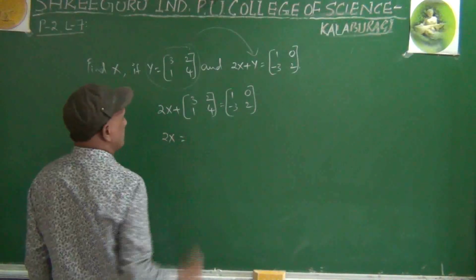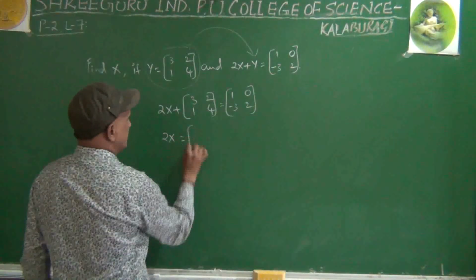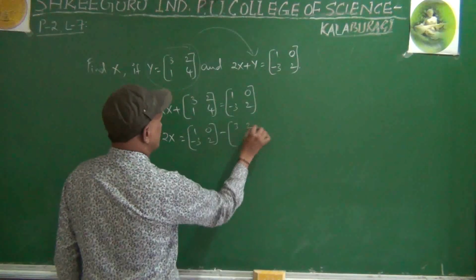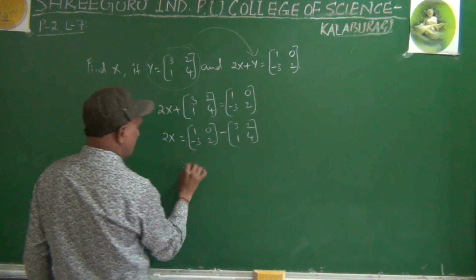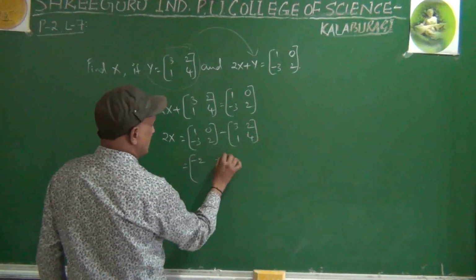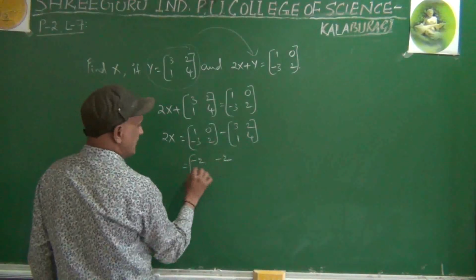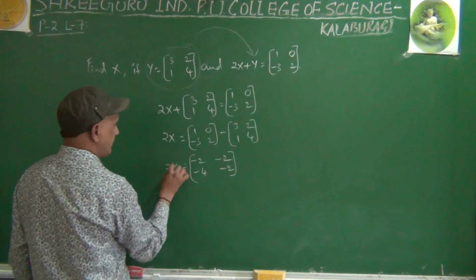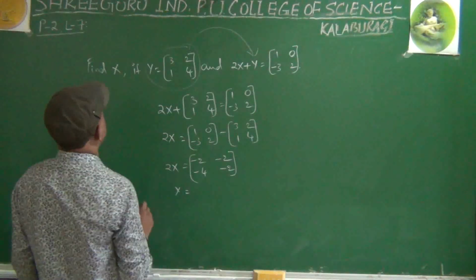Send this to that side: 2x equals 10 minus 32 minus 3214, which is 1 minus 3 minus 2, 0 minus 2 minus 2, minus 3 minus 1 minus 4, 2 minus 4 minus 2.